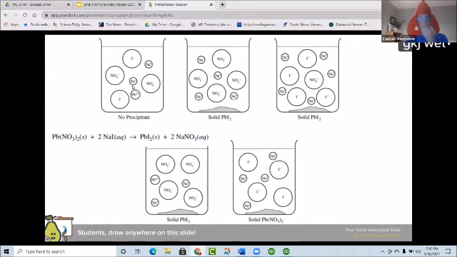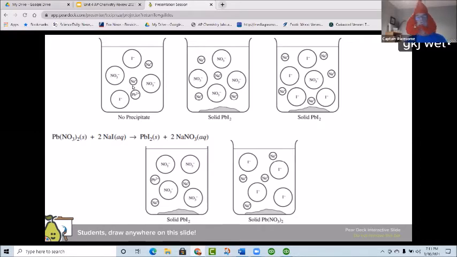So the idea is we want to show that the correct precipitate is being made, the PbI2. Right? We know that the sodium and the nitrate are aqueous, that they're going to be spectator ions. They were on the left-hand side of the equation. They didn't take part in any part of the reaction. So this particular drawing on the lower right is not right because it has sodium ions, but it definitely doesn't have any nitrate ions. Right?